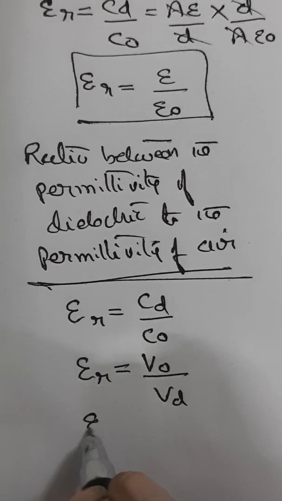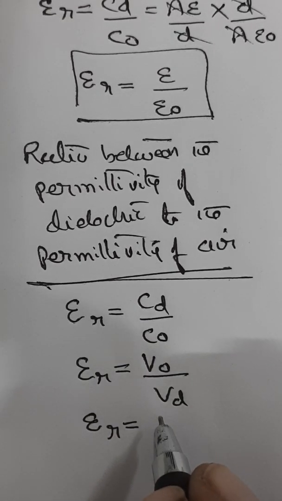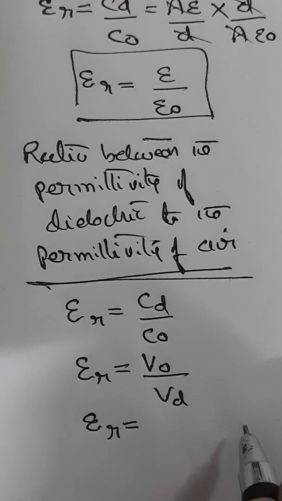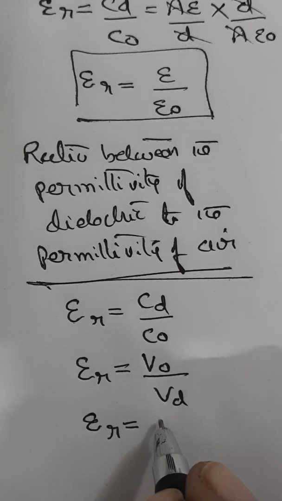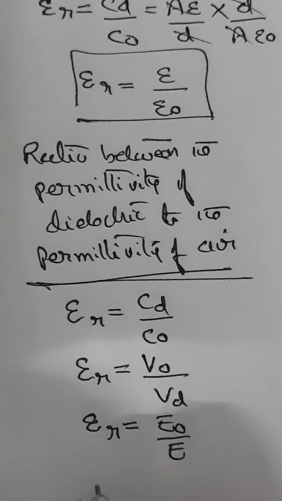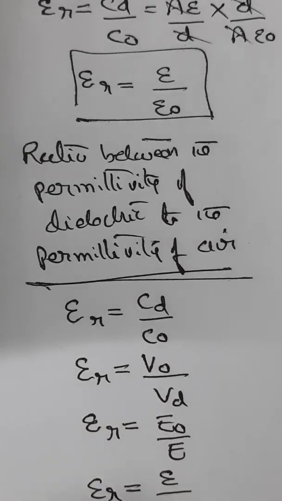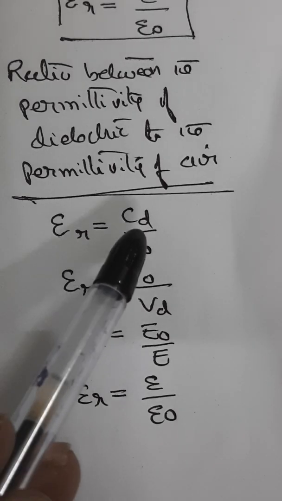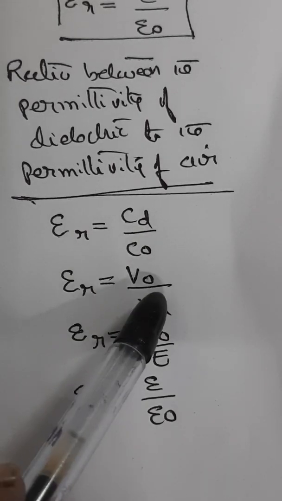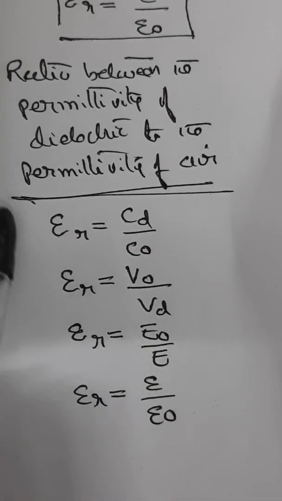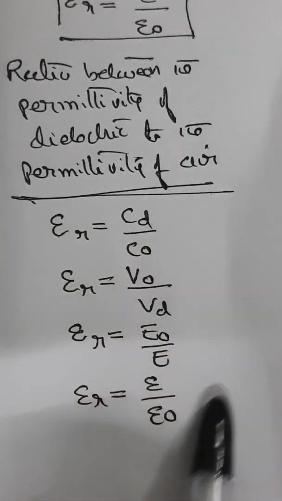Then again we got epsilon r is equal to E naught by E. Then we got epsilon r is equal to epsilon by epsilon naught. So you can define dielectric constant as the ratio between capacitances, between potential differences, between electric fields, between permittivity.